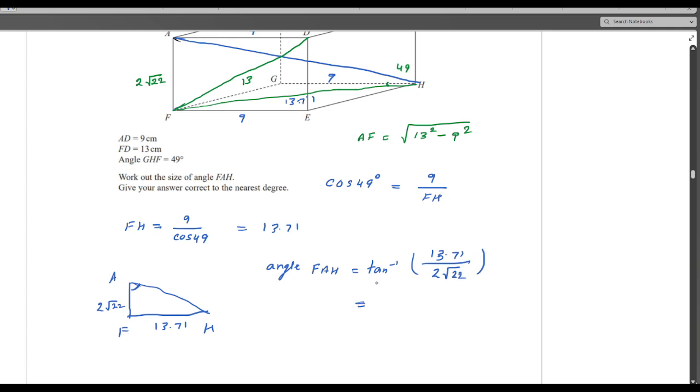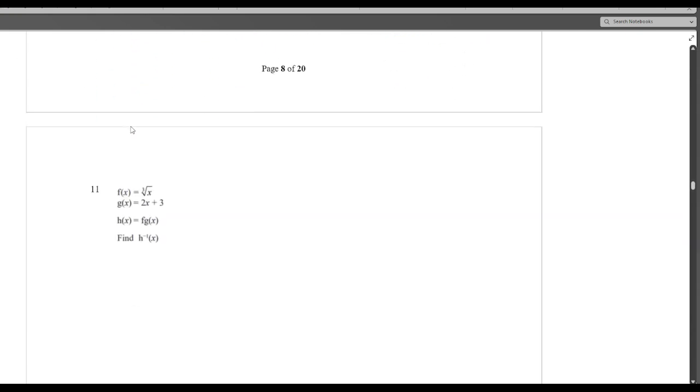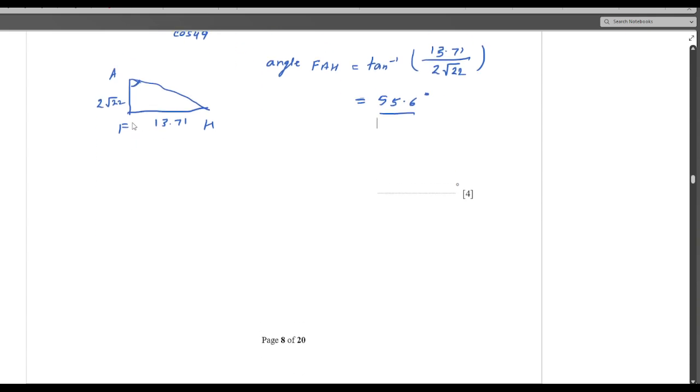This divided by, we will use bracket, 2 times root 22, bracket close, and whatever we get we will take its tan inverse. Tan inverse of your answer is giving you 55.6 degrees. 55.6 degrees is your answer. Okay, nice question. So here I will write 55.6 degrees.